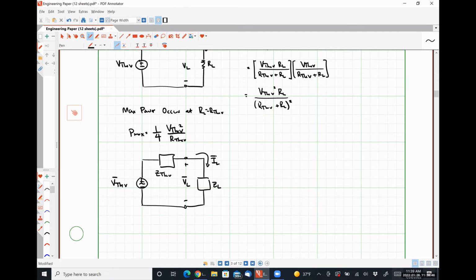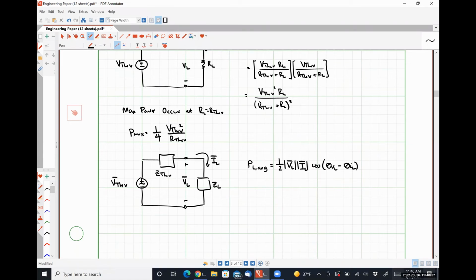What's the average power delivered to this load? So PL average is going to be 1/2 times the magnitude of the load voltage times the magnitude of the load current times cosine of theta VL minus theta IL.